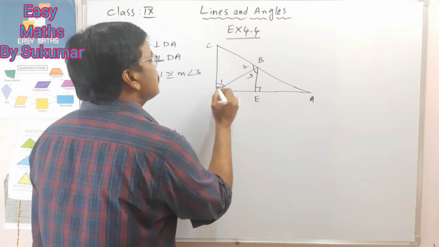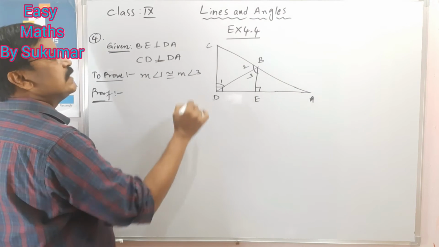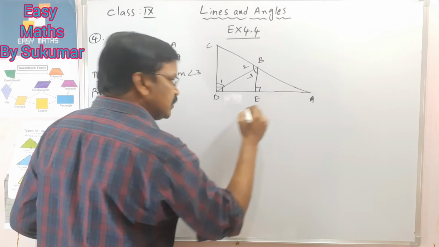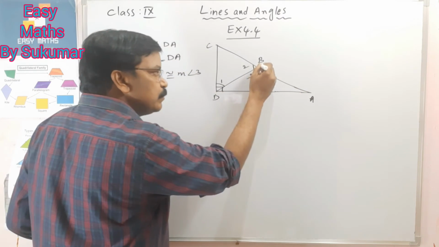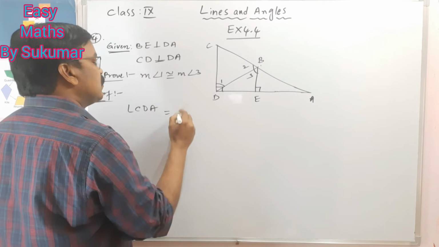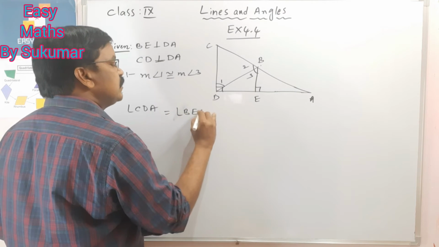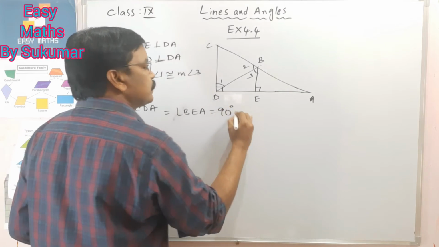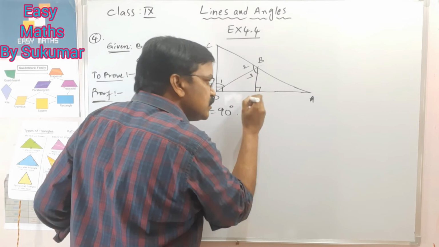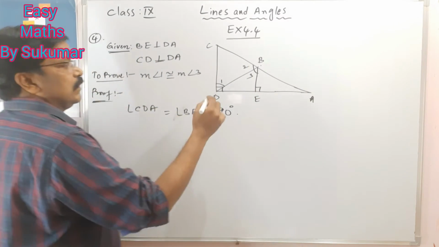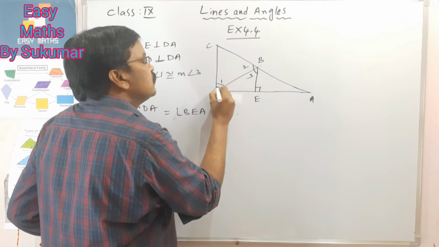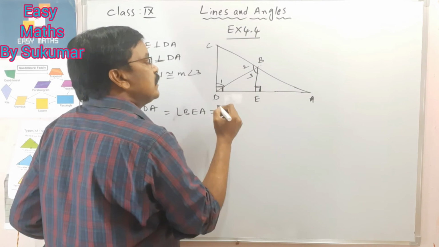Okay, that means angle CDA is 90 degrees, and angle BEA is also equal to 90 degrees. Why? Because CD is perpendicular to DA and BE is perpendicular to DA.